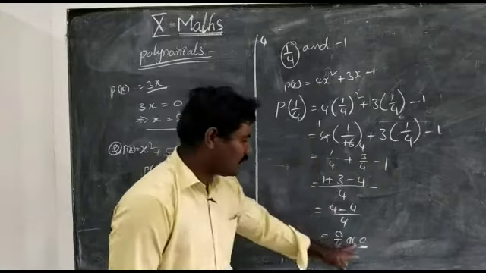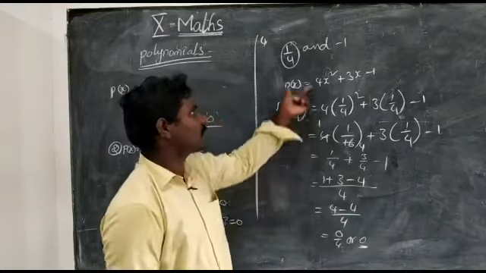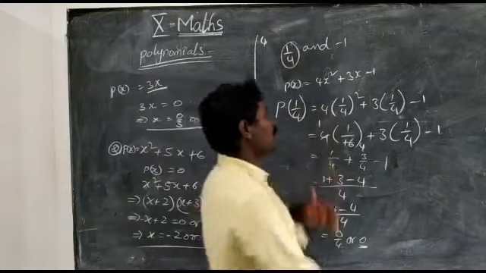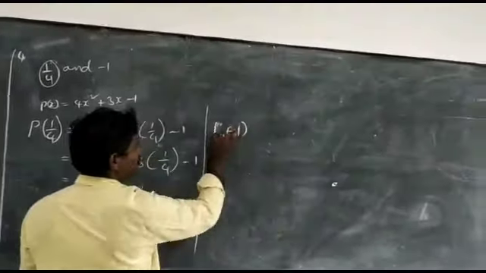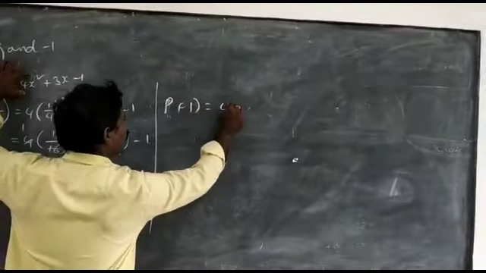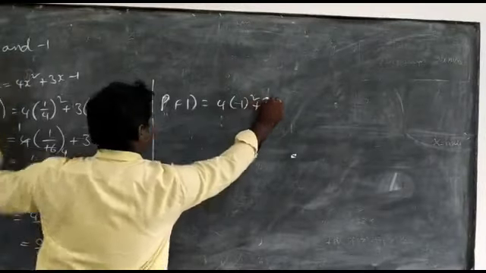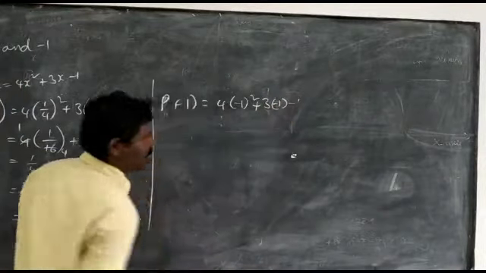If you get the remainder as 0, then 1 by 4 is a zero of the given polynomial. Similarly, you can check minus 1 also. p of minus 1 is equal to 4 into minus 1 square plus 3 into minus 1 minus 1.